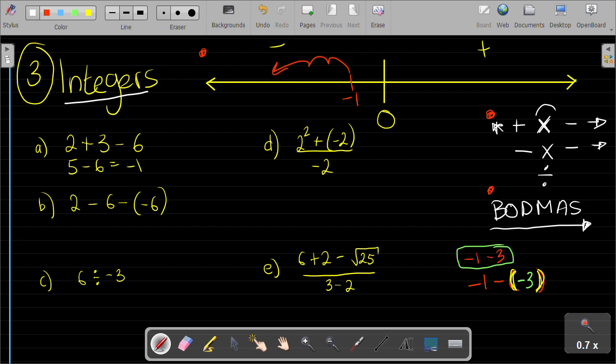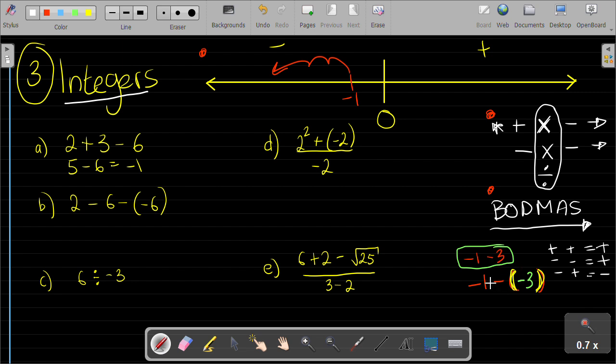We need to think about timesing or dividing with different signs or the same signs. We need to know what happens. When it is a positive and a positive, the number will stay positive. When it's a minus and a minus, the number becomes a positive. When it's a minus and a plus, or vice versa, it stays negative.